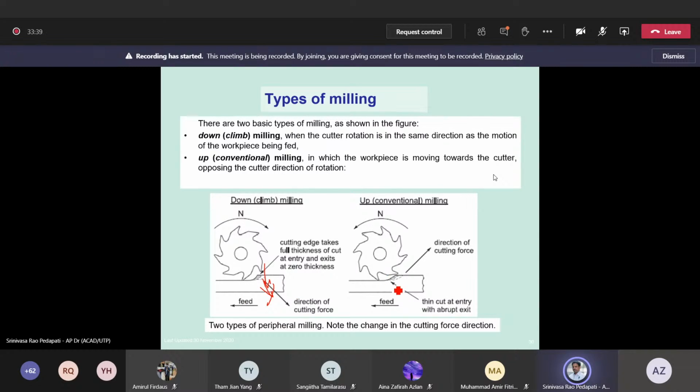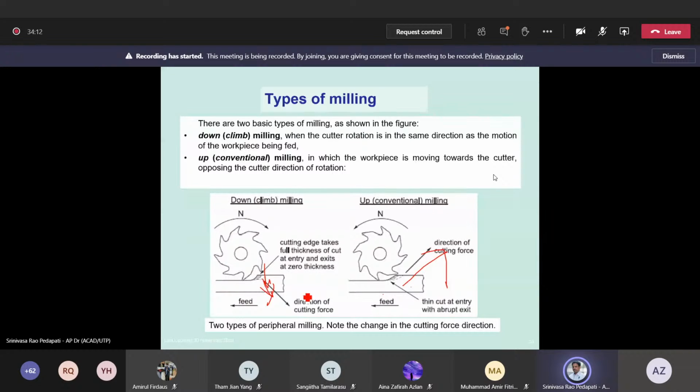Whereas here it is trying to pick the workpiece up, so if you don't fix it correctly, the work tries to come out of the vise. That means you need a good fixture to hold the workpiece in the case of up milling, because the direction of force is to pull up, whereas here the direction of force is to pull down. Pulling down is no problem, because the workpiece is already pressed against the table. So one difference is that.